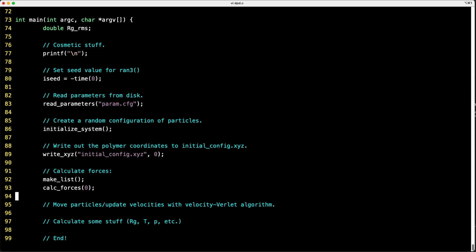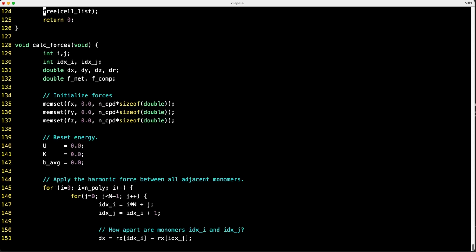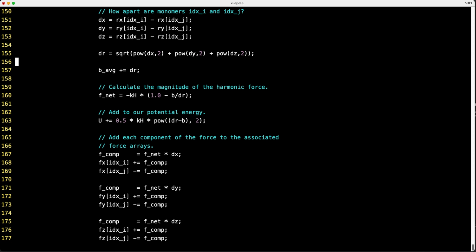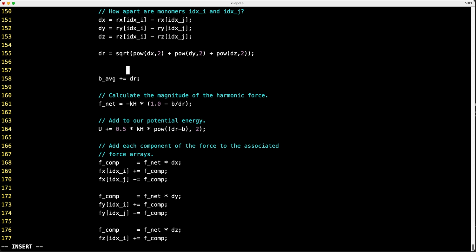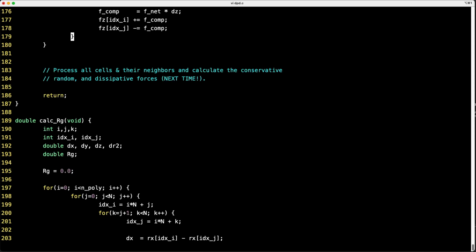And so what we're going to do is take a look at our calculate forces function. And of course, here we're going to have to update this to accept that parameter production. And the other thing that we need to do that we didn't do last time, notice we calculated the average bond length. So in order to really calculate that, we need to normalize it, right?